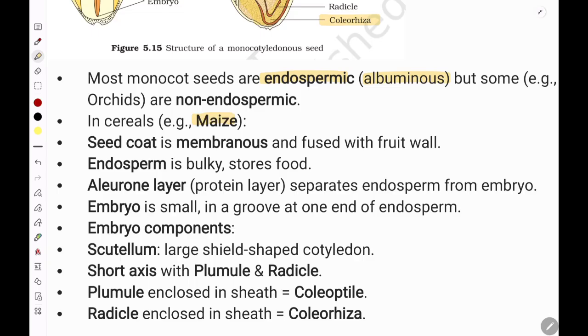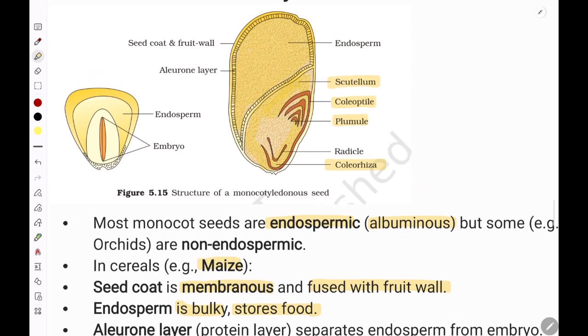In cereals, for example maize, the seed coat is membranous and fused with the fruit wall. Endosperm is bulky and stores food. Aleurone, a layer which is made up of protein, separates the endosperm and the embryo.